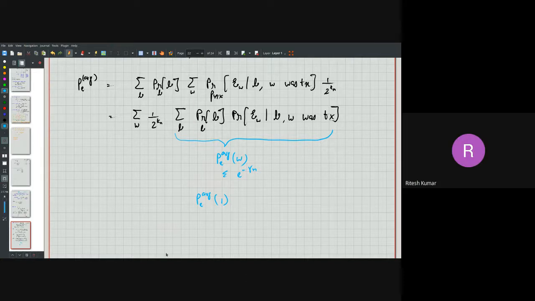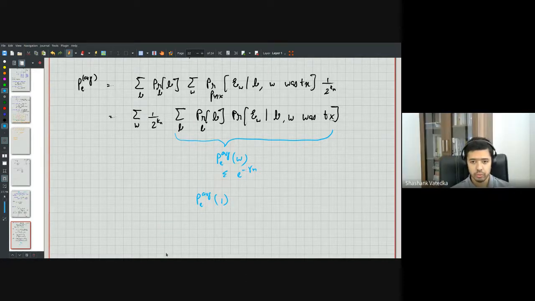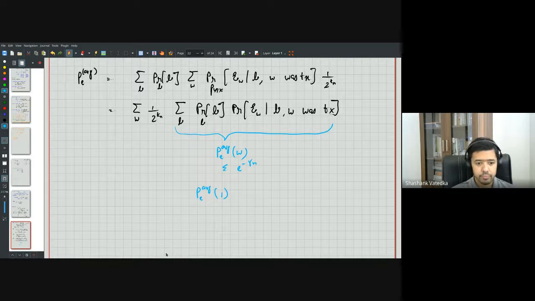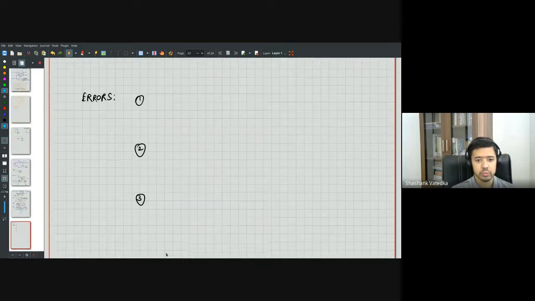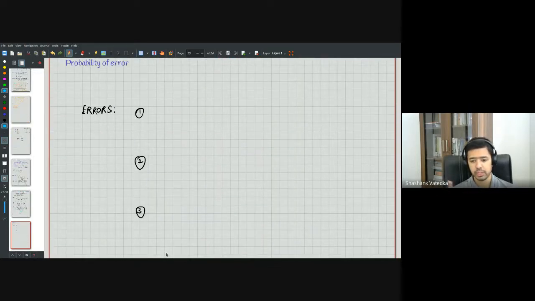All right. So now what do we want to see? We want to analyze what the probability of error is. In other words, we want to see what are all possible error events that could occur given that you transmitted the first message, and find out the probability of those events occurring. Note that we want to satisfy certain constraints: an input cost constraint, and we need to ensure that the message was decoded correctly.